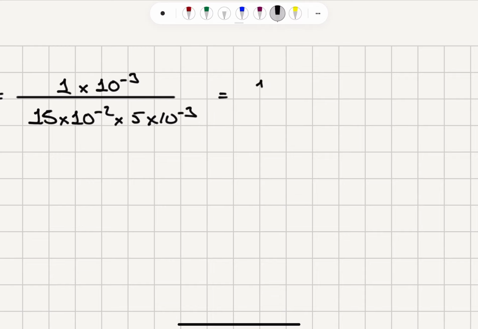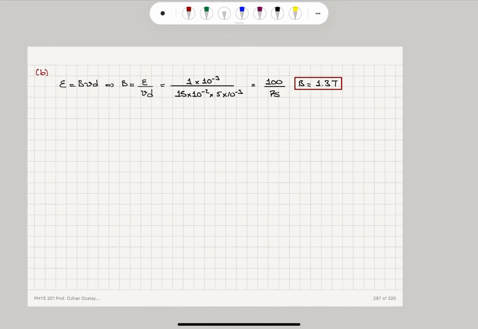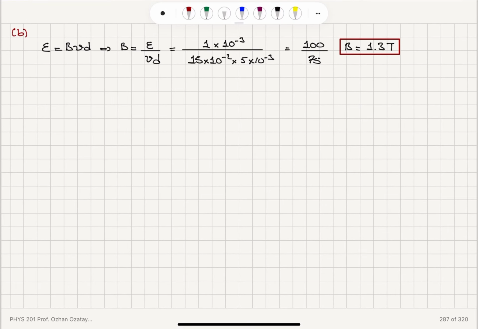This is 100 divided by 75. So the magnetic field we need is then 1.3 Tesla. Okay, so in order to induce this EMF on this vessel.